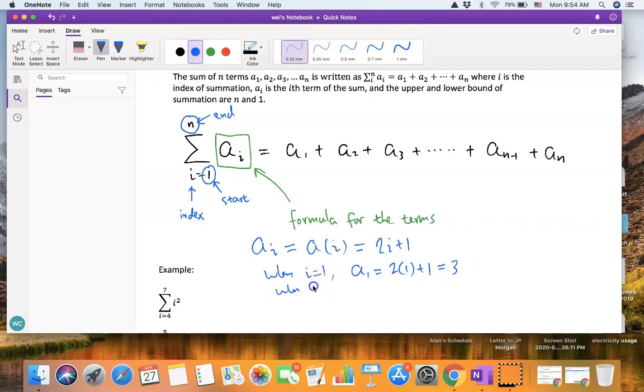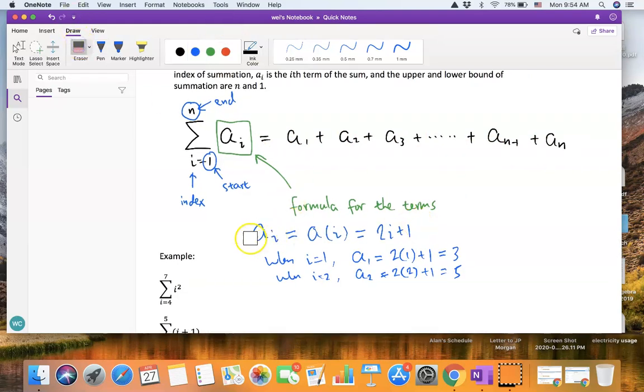And when i equals 2, the next term, a2, will be 2 times 2 plus 1, so that will be 5. This process is very similar to evaluating a function. Here we are given a bunch of input values, and we are asked to evaluate the function at each value, and then add up the function values together.